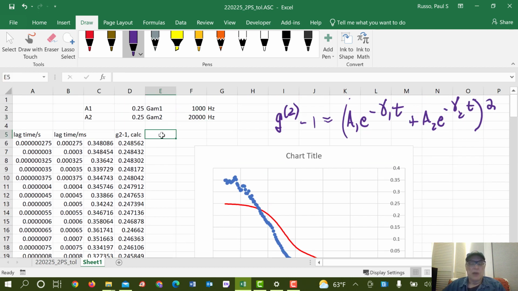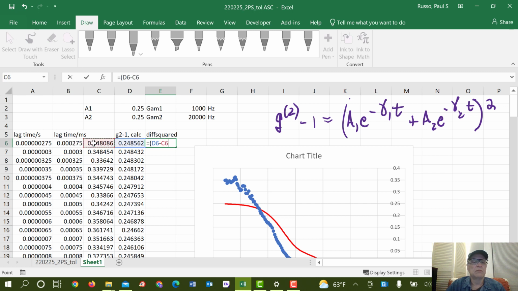So what we should do now is get the difference. Let's see. Diff square. Okay, we'll call that diff squared, so that's equal to that minus that squared.